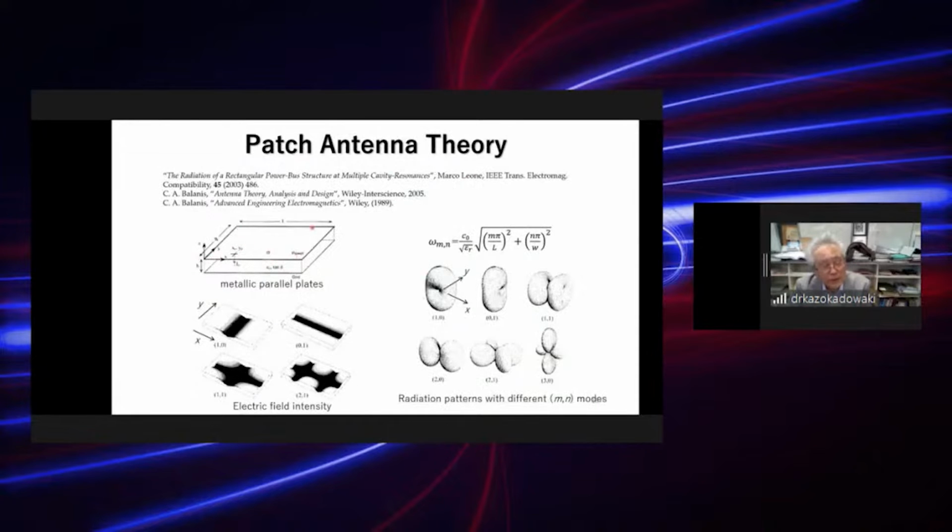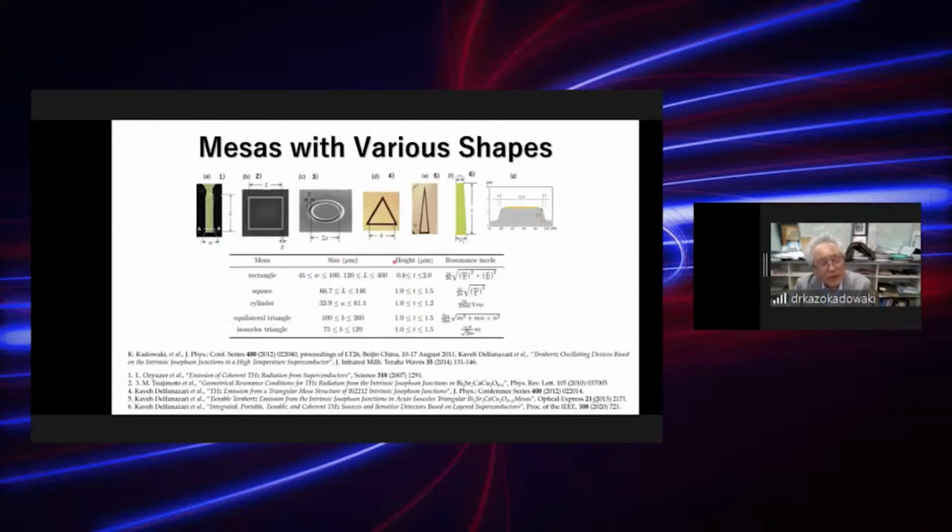Two plates in between, with some dielectric material inside. In fact, superconducting material inside. But we can simulate what kind of radiation can be emitted from this. So there is a resonance mode inside. We tried many of them, rectangular or square or circular disc or triangular or isosceles triangular or some funny shape.